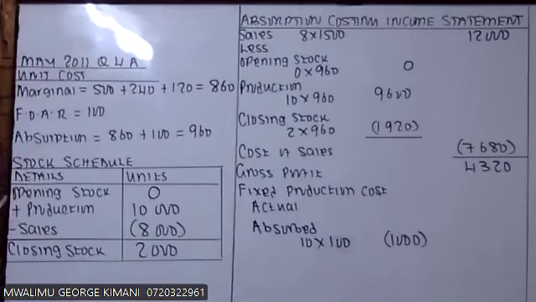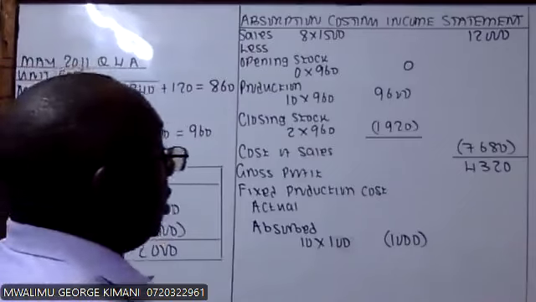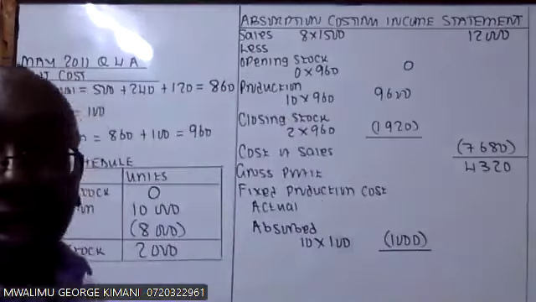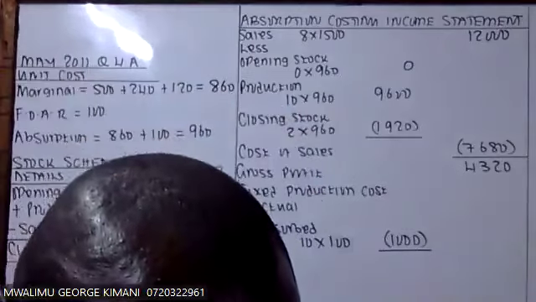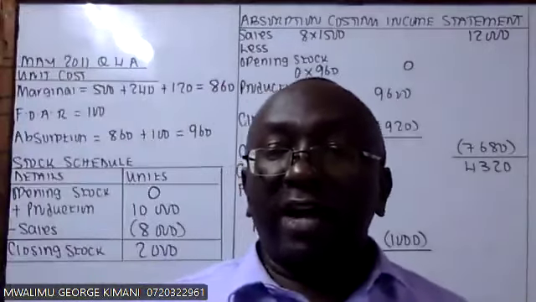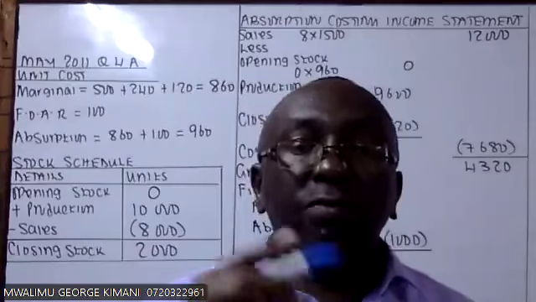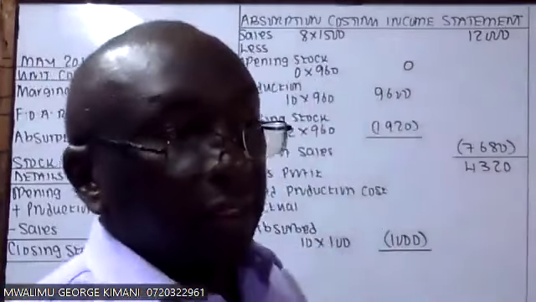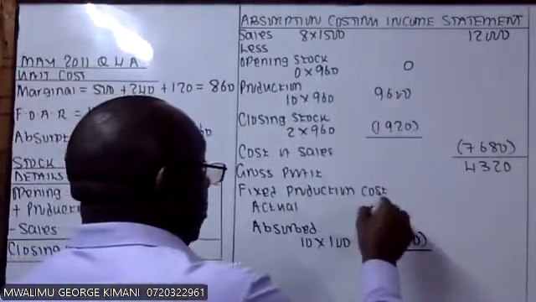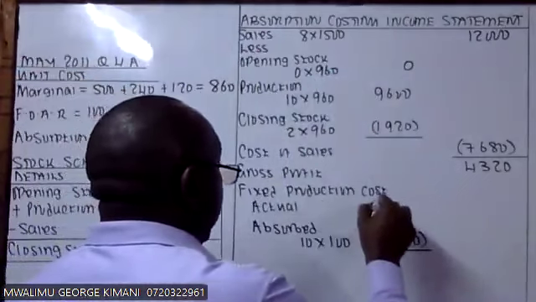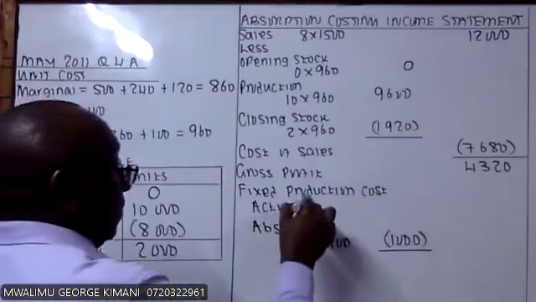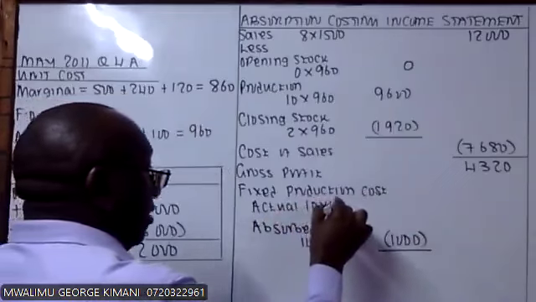Yeah. Now the question says that there was an adverse. Adverse means we spent more. When you talk of adverse cost, it means you spent more cost. So if you spent more, then here we should have, and maybe I can also demonstrate like this, 10 times 100.